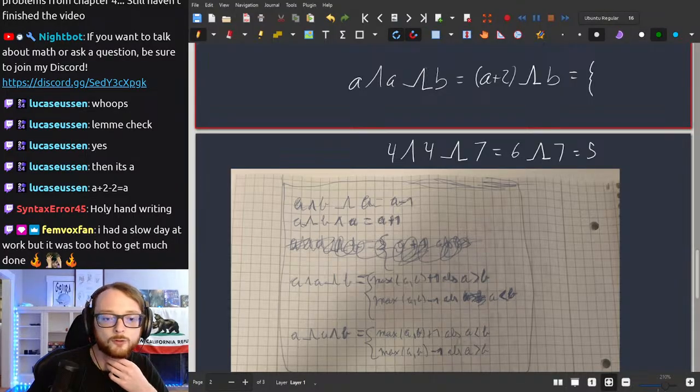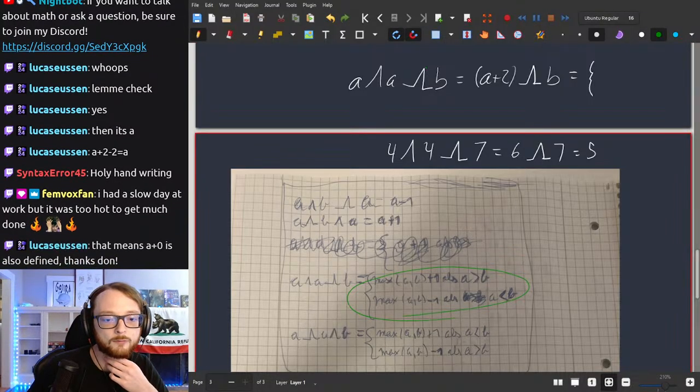So you might even want a third case for these. I guess a plus 2 is the important bit.